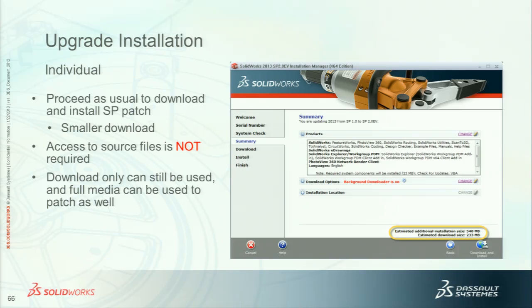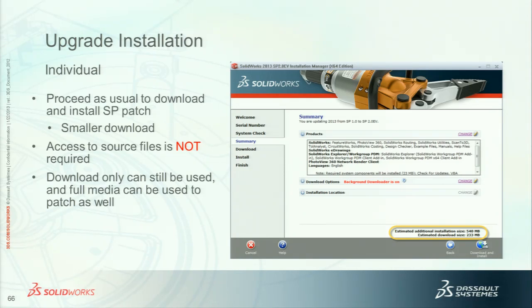Important thing to note: as of SolidWorks 2011 SP0, you do not need access to the source media that you originally installed with to upgrade. So let's say you had a 2013 SP0 DVD, you installed that, and SP2 comes out next week.